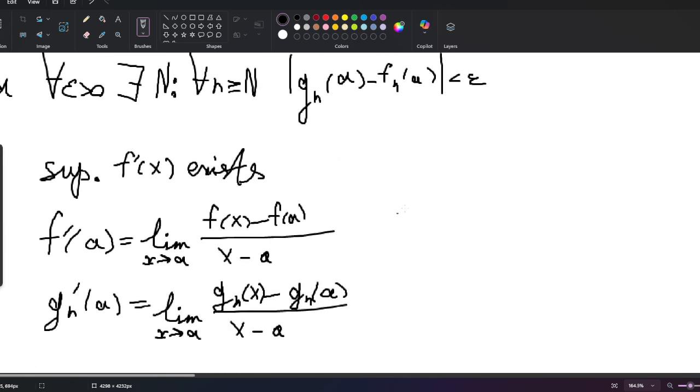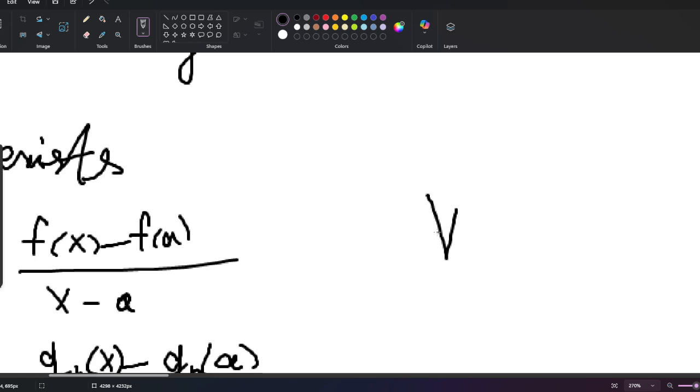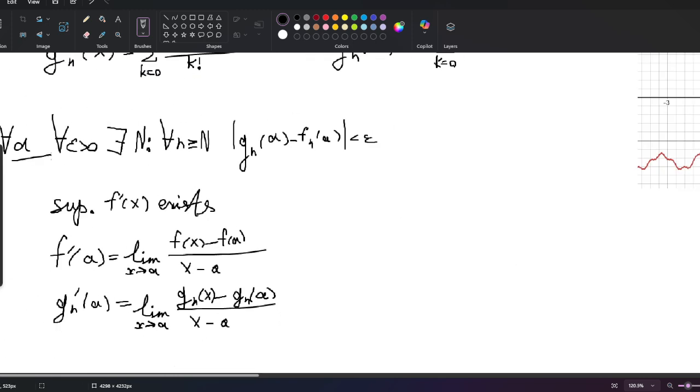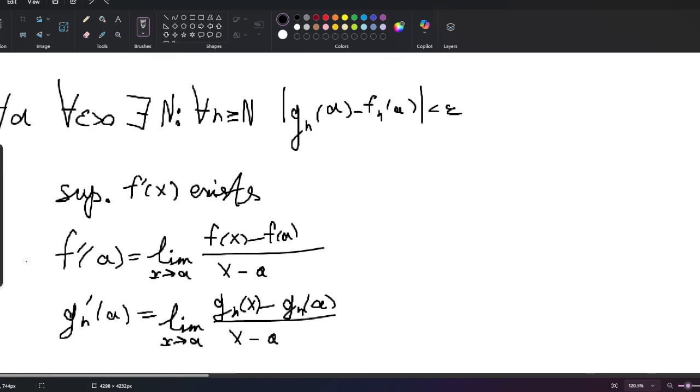So let's go through this definition. It states that we have already picked a, and we have already picked epsilon.